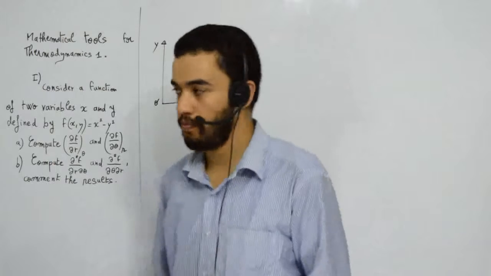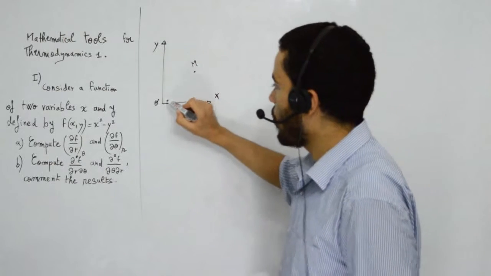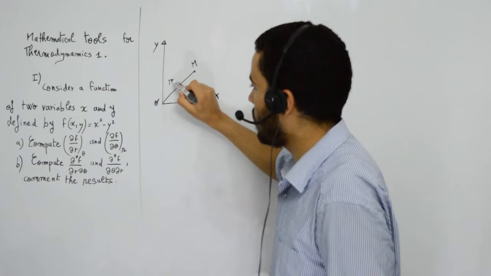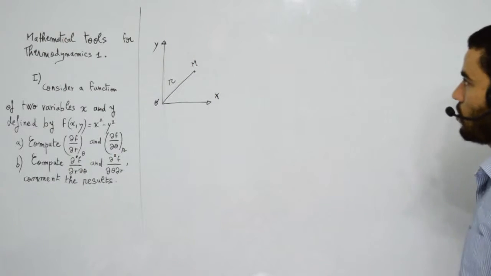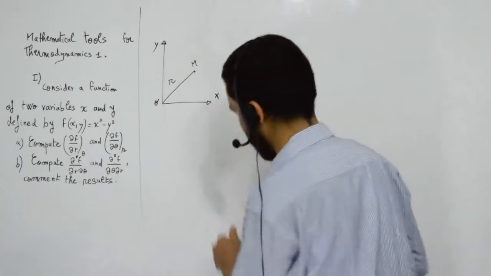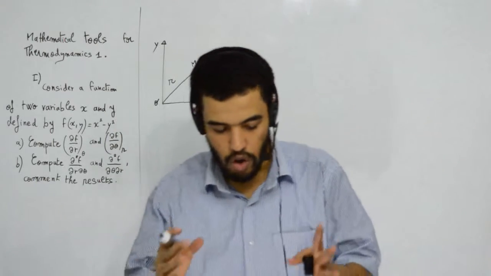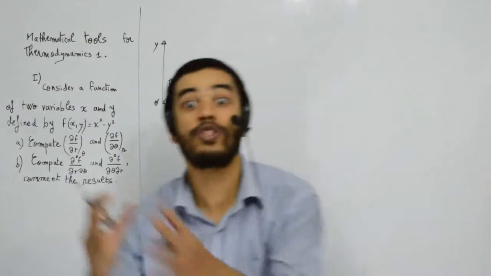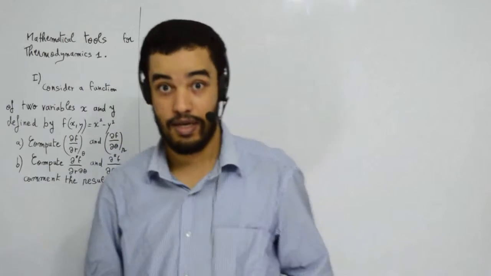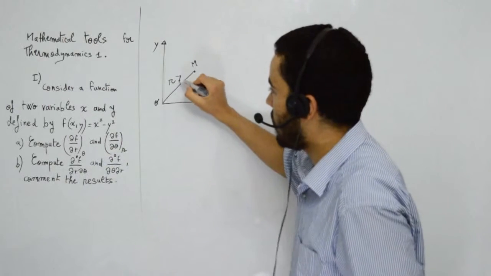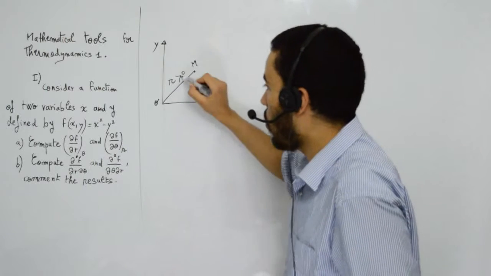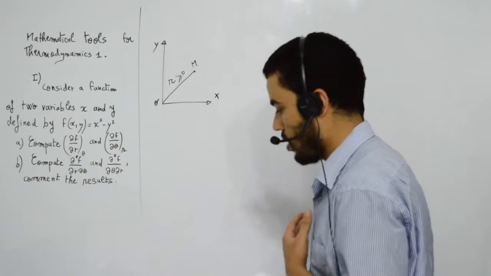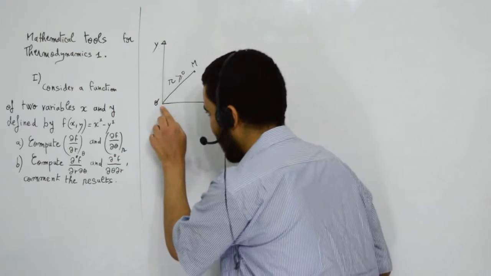For example, we have this distance, and this distance is r. All distances are positive, so this distance r is always positive, or equal to 0 if our point M is at the origin.